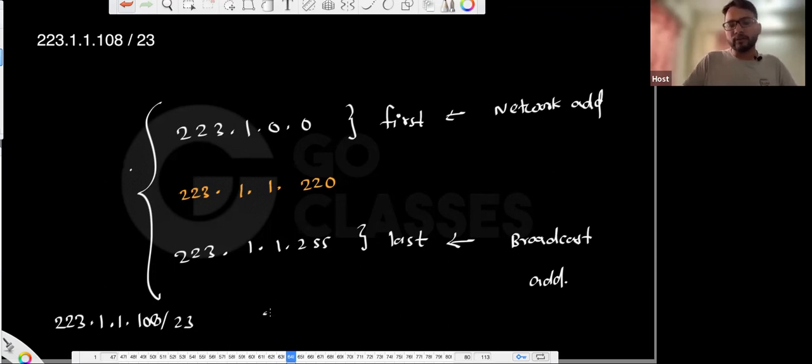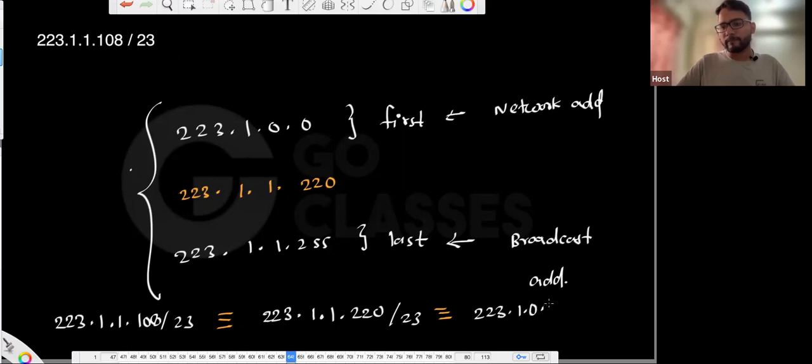Now suppose I give you any ID in this particular network. Can you find out the whole network using this ID also? Yes, right? Either they give you the first address, the last address, or anything in this range. You pick any ID in this network and then /23 represents the same network.